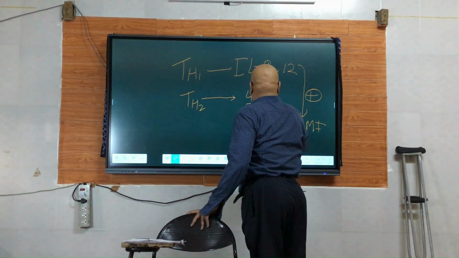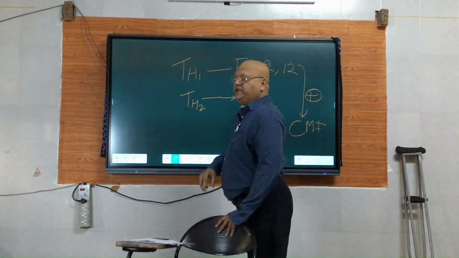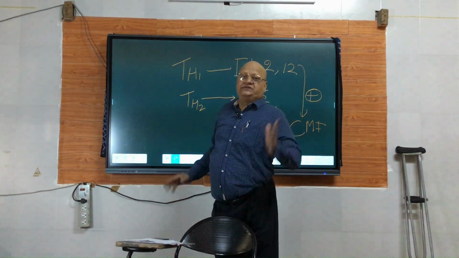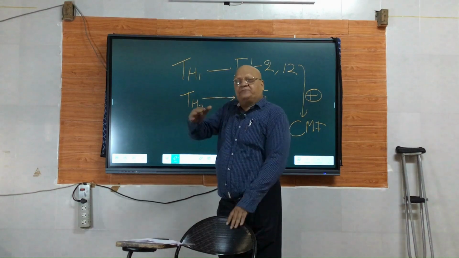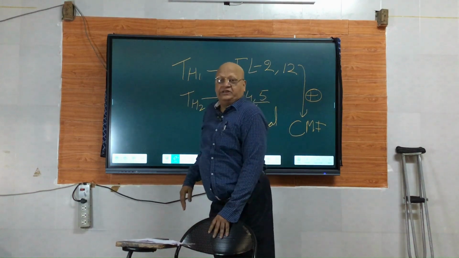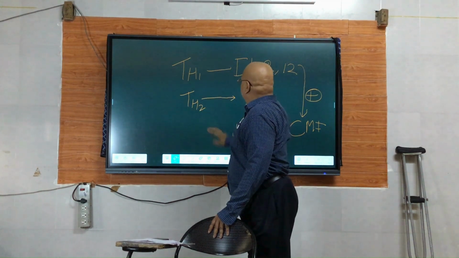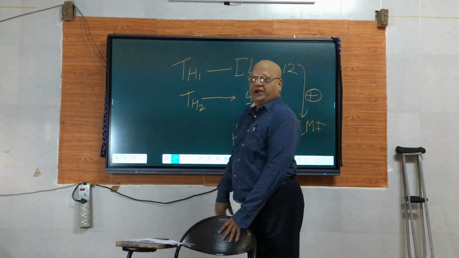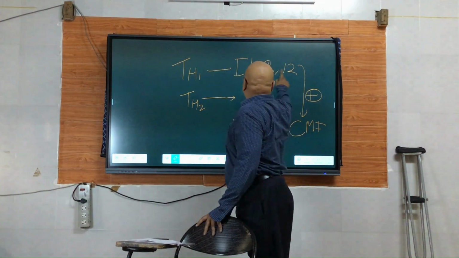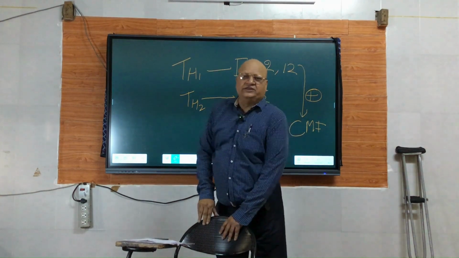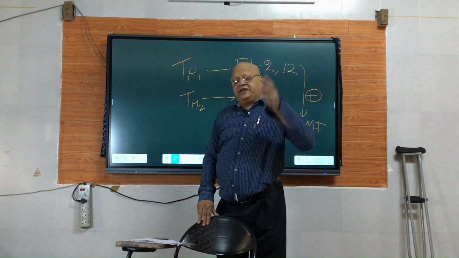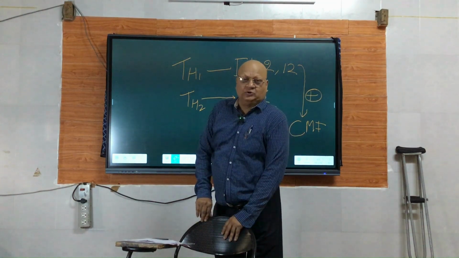As you all know, in humoral immunity, B cell differentiates into plasma cell and then antibodies are secreted. Interleukin 4 and 5 stimulate this process. And cell-mediated immunity, as you know very well, it takes care of the intracellular pathogen.